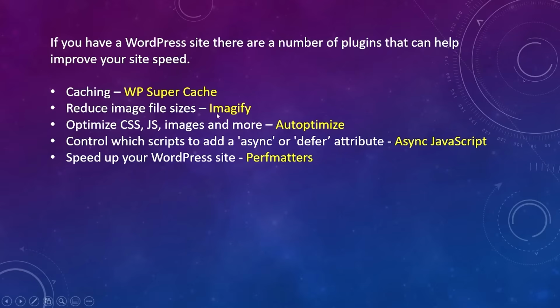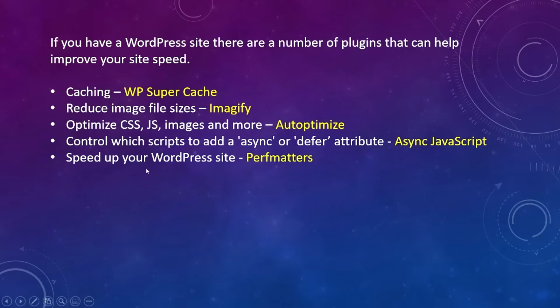To reduce image file size, I use Imagify. Many people use other ones. To optimize CSS, JS, which is JavaScript, images, and more, I use Autoptimize. Very good plugin. To control which scripts get the async or defer attribute, I use Async JavaScript.